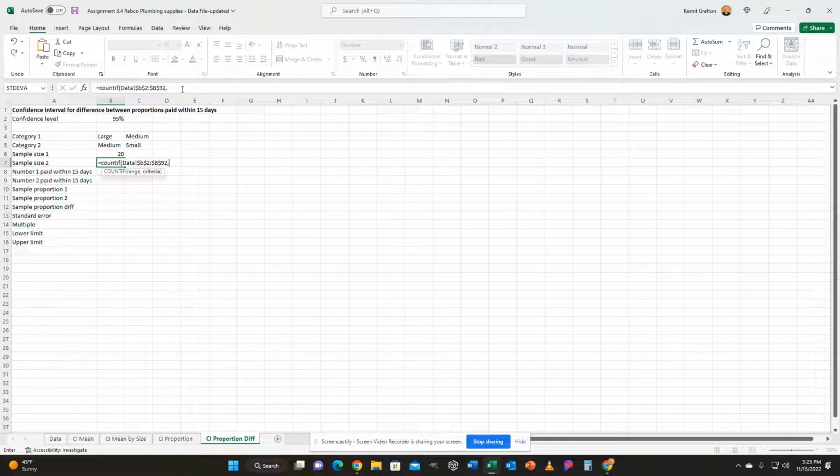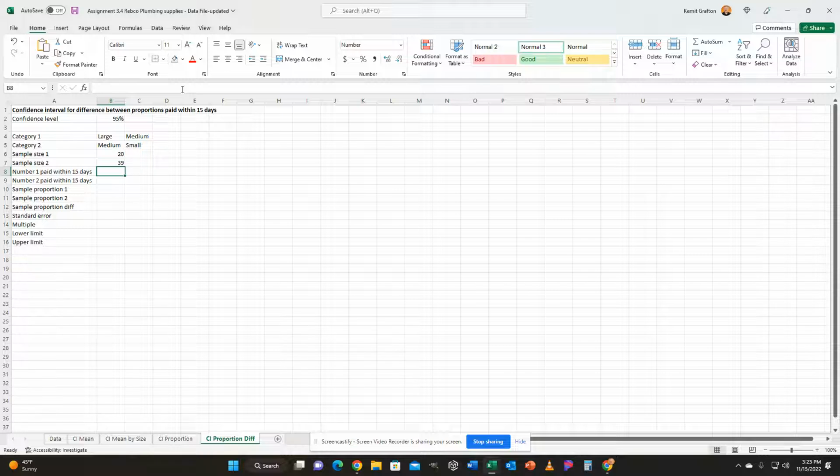Now we're looking for the criteria. So the single quote CI portion and B5. Okay. Now it's going to go back to that and return the value of how many of those. So there's 39 of those.